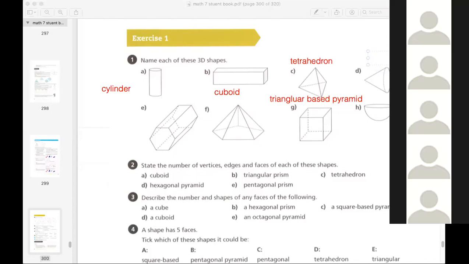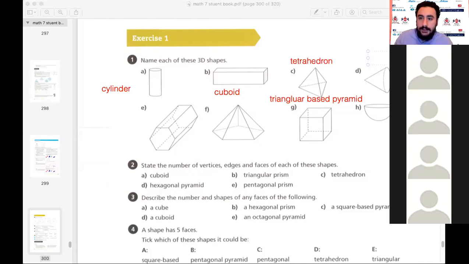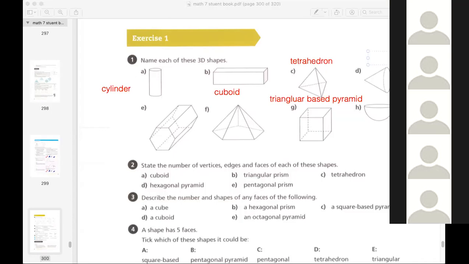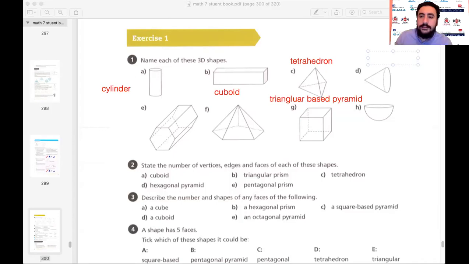Arwa. Okay, let me pick. Arwa, I'm trying to unmute you. Okay, yeah. It's a cone. Yeah, excellent. It's a cone. Just be with me. I'm going to unmute Meher to ask.